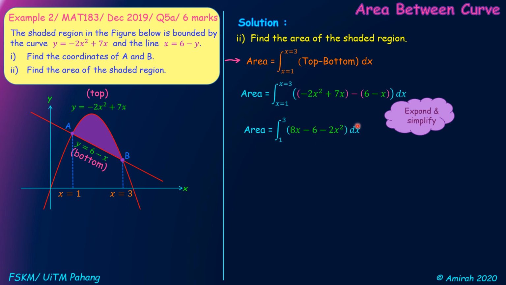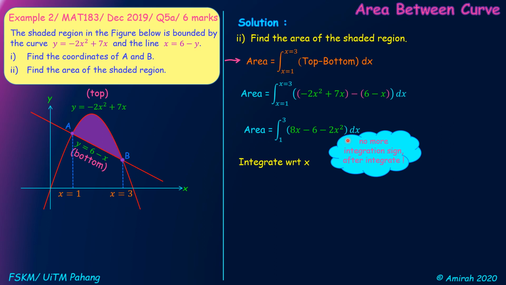From here, we cannot divide by 2, even though these are all even numbers, because this is the function that we want to integrate. This is an expression, not an equation, so we cannot divide by 2. So from here, we integrate with respect to x.